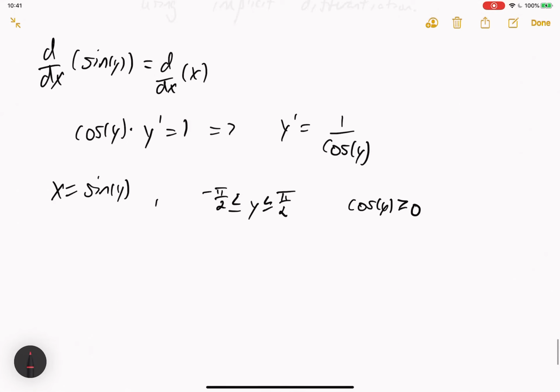So when we found y prime, what we got was 1 divided by cosine of y. But again, y itself is an inverse function of sine, so y is between negative pi over 2 and pi over 2. That's just one of the restrictions. If you look at the graph of arcsine, you should see it's squeezed between those values.